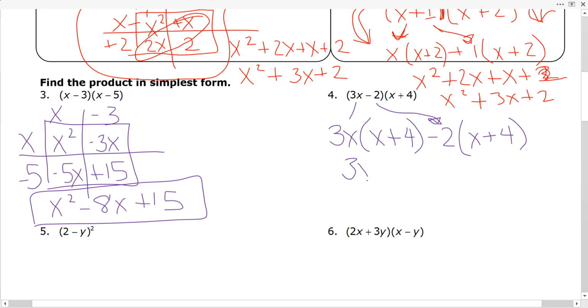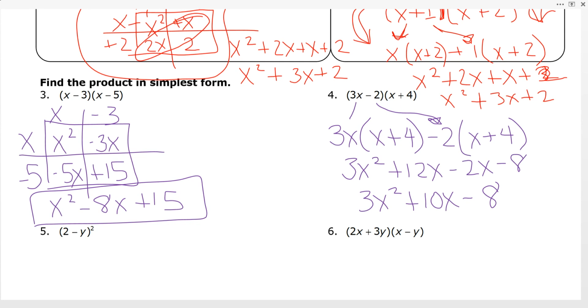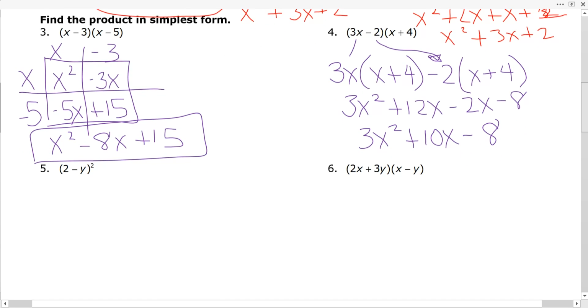So I end up with 3x squared plus 12x minus 2x minus 8, or 3x squared plus 10x minus 8. Same answers, same thing we were doing before. I'm still combining my like terms. We've just added another term into what we're working.